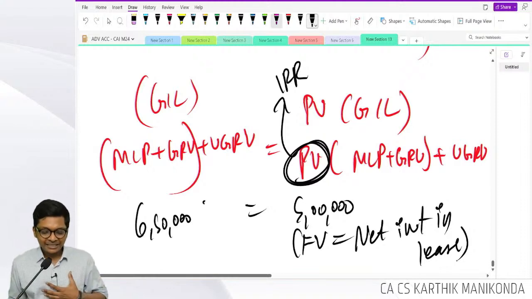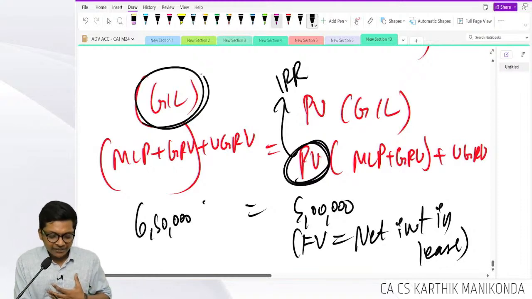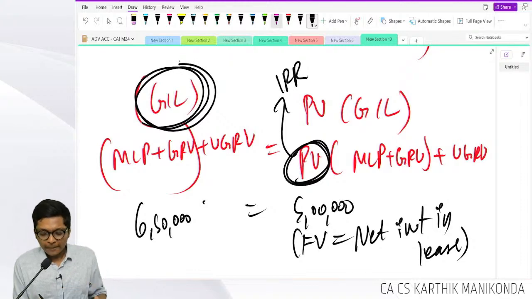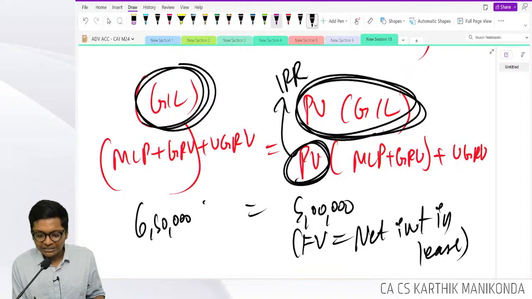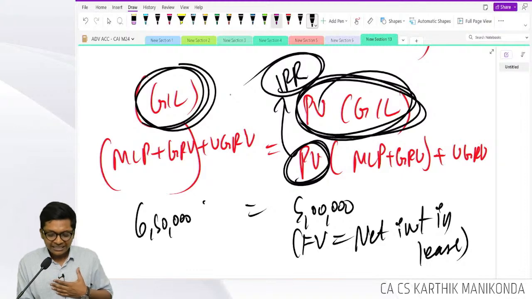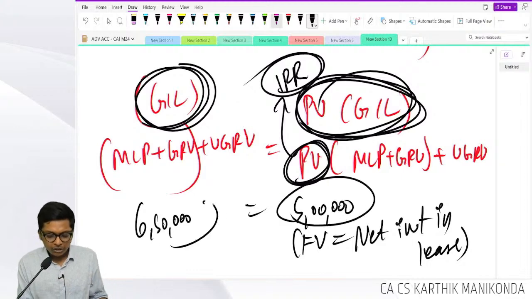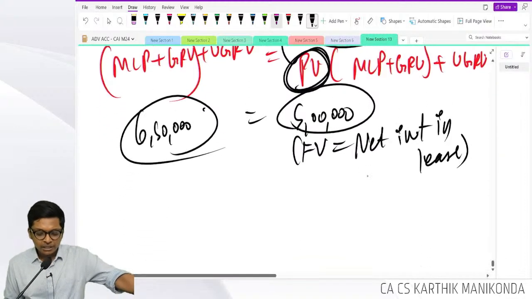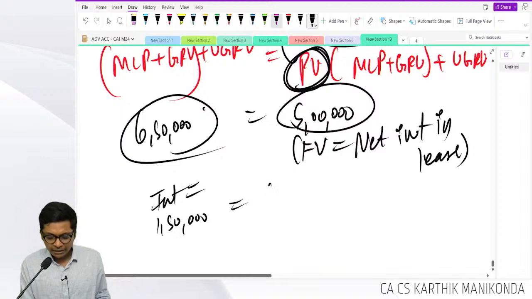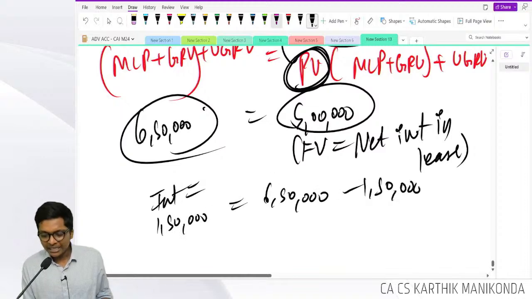So can I say gross investment in lease is equal to present value of gross investment in lease when you discount at IRR. So what is my earning? If I invest 5 lakh, you are getting 6 lakh 50. So the interest I am earning, 1 lakh 50,000, is equal to 6 lakh 50,000 minus 5 lakh.